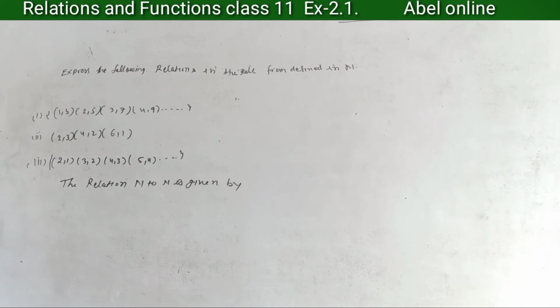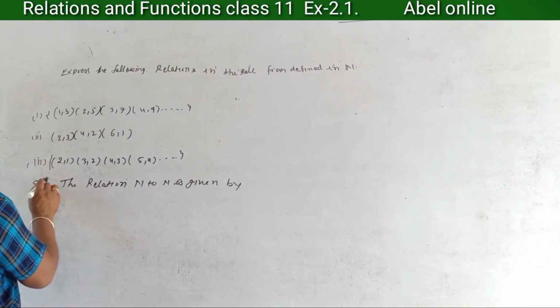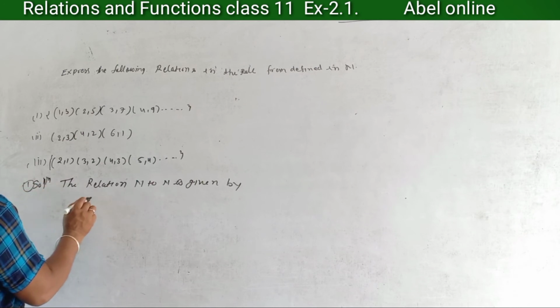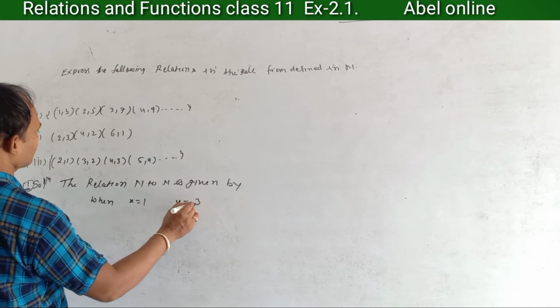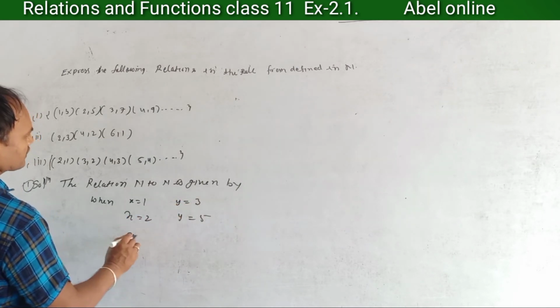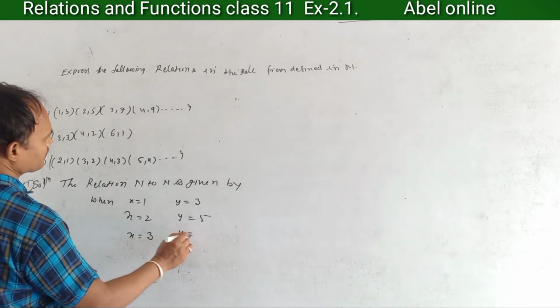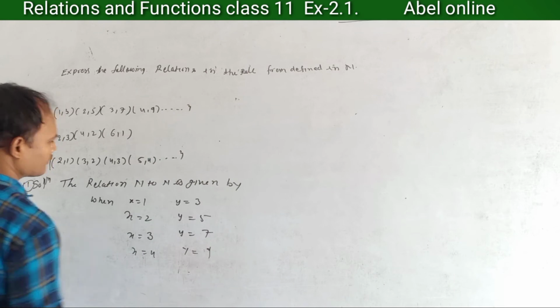When x equals 1, y equals 3; x equals 2, y equals 5; x equals 3, y equals 7; x equals 4, y equals 9. We are going to solve the first question of this.